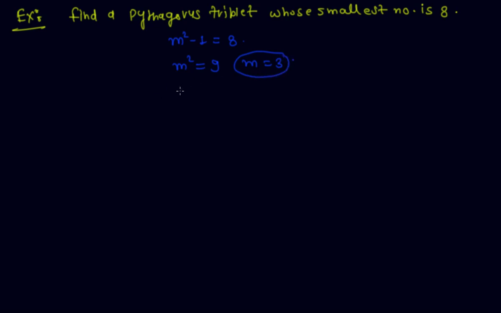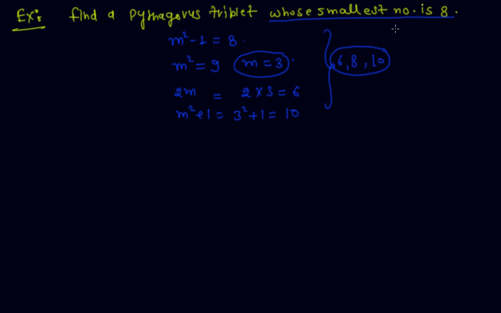So put the value: the other two numbers are 2m and m square plus 1, which is 2 into 3, equal to 6, and 3 square plus 1, equal to 10. So 6, 8 and 10 follow the Pythagoras triplet. But there is one problem, because according to the question, the smallest number is 8. So this is the wrong triplet.